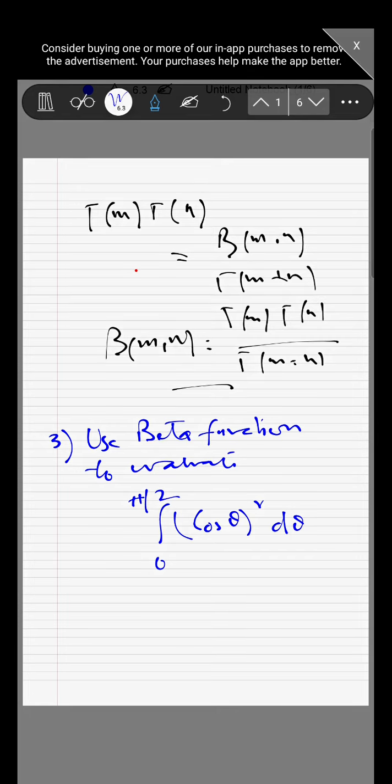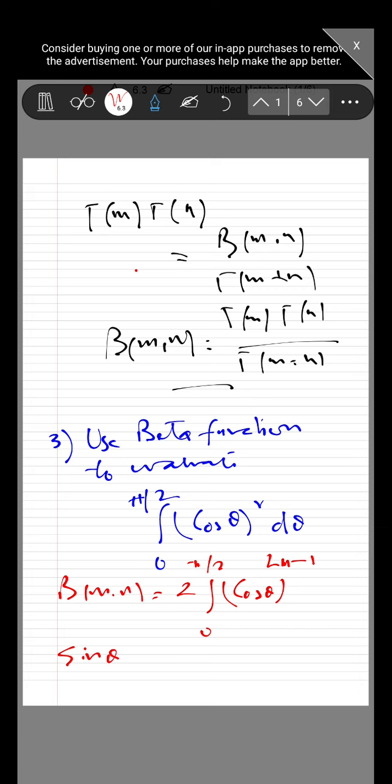Now from the beta function we know, like in the previous case, that B(m,n) is equal to 2 ∫ from 0 to π/2 of cos^(2m-1)θ sin^(2n-1)θ dθ.